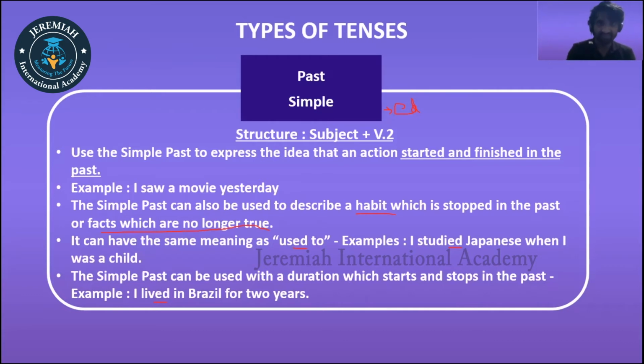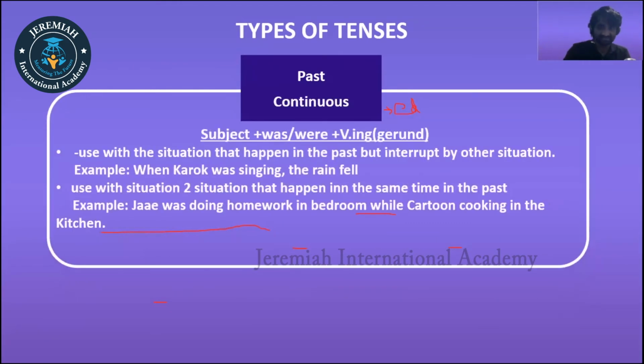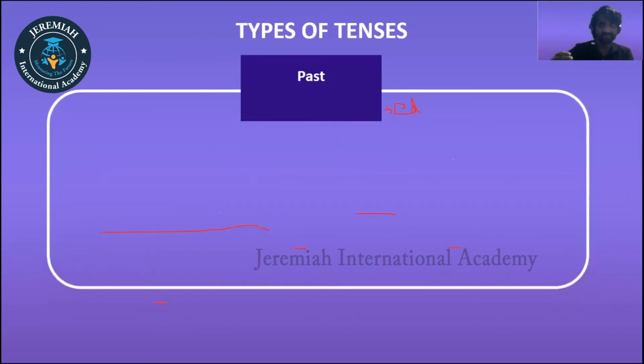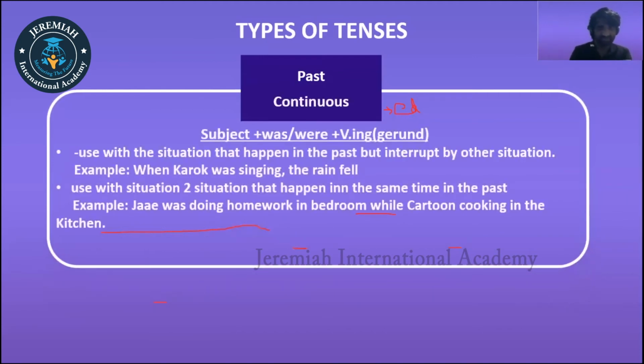All right, please. So after past simple there comes past continuous. Okay, so past continuous. That means something was happening for a long time. Okay, continuous. So അവിടെ എന്താണ്, there is something. All right, so something was happening.